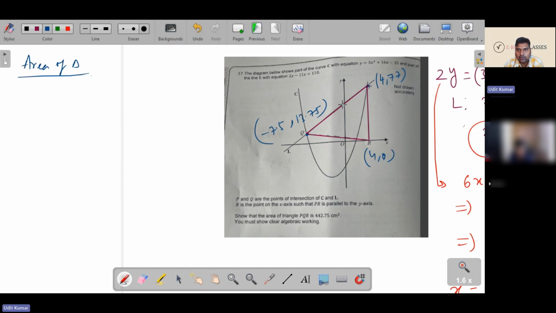But how will you find the coordinates of the perpendicular to calculate the height? Let's say this is 90 degrees and this point is S. What are the coordinates of S? If you don't know the coordinates of S, how will you find this length?